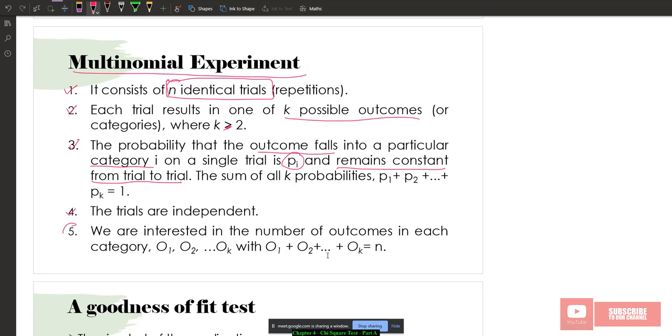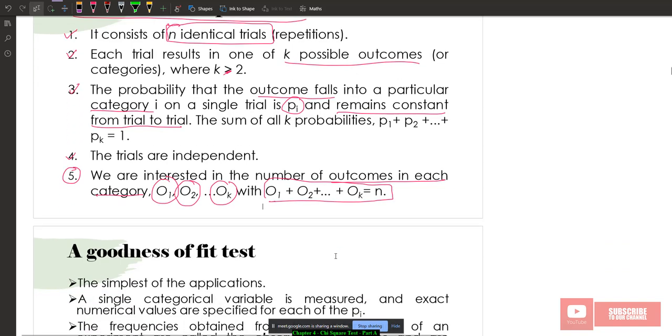We are interested in the number of outcomes in each category, meaning the observed frequency, with the summation of observed frequencies equal to the number of trials. This is just a review of the binomial distribution.